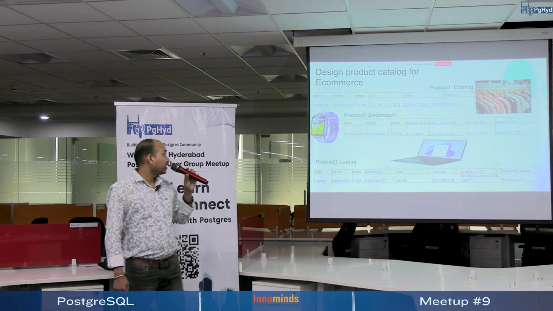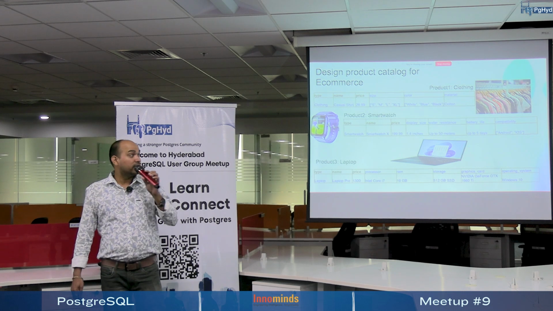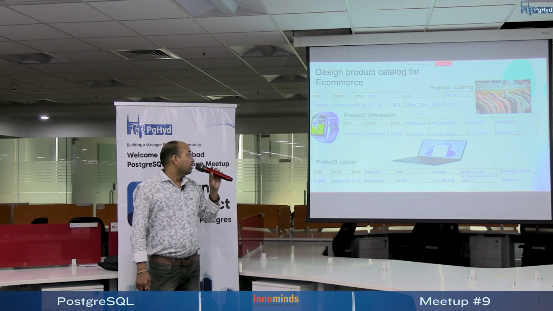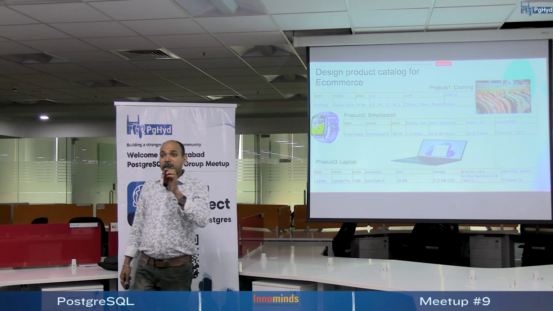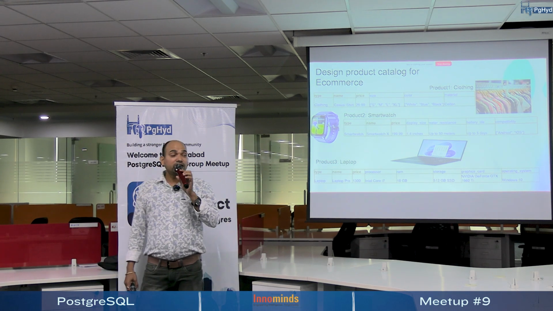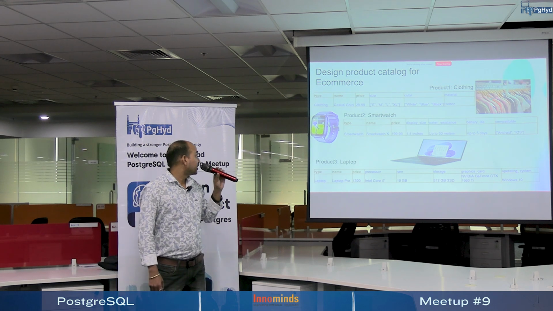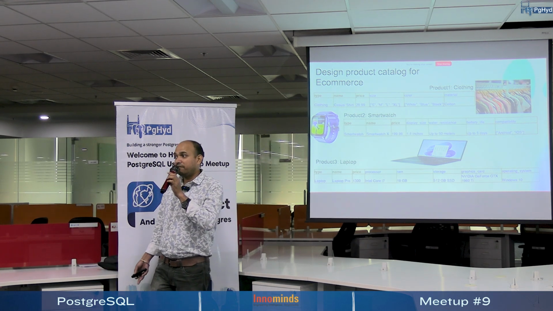One is the clothing type, another is the smartwatch, another is the laptop. And if you see here, the table for clothing or the table for laptop have a different set of columns. The number of columns also varies. Only the first three, type, name and price, are the same, but all other columns are different.